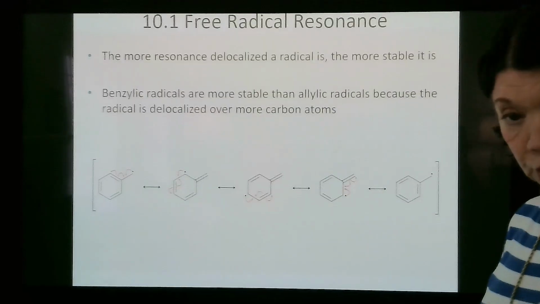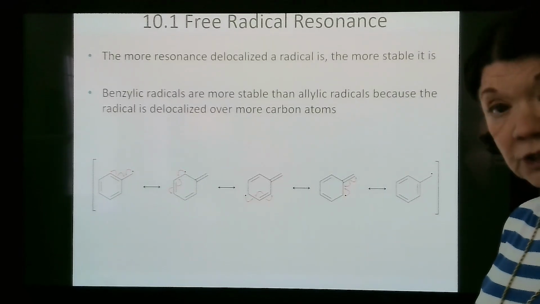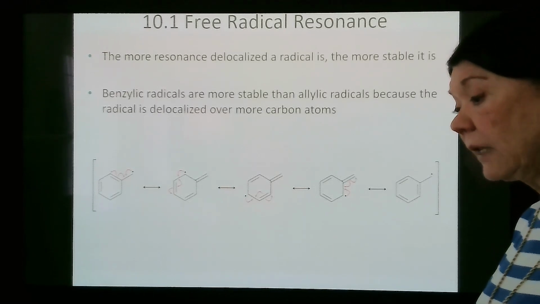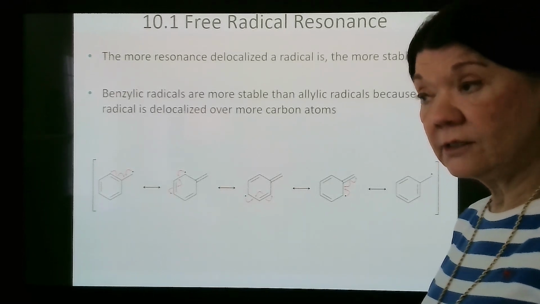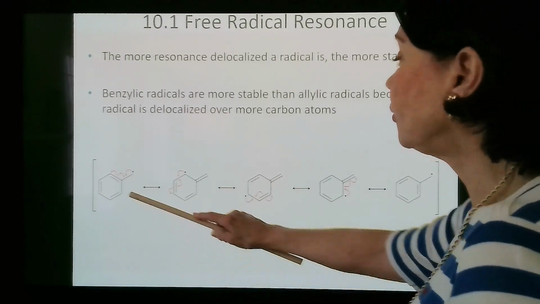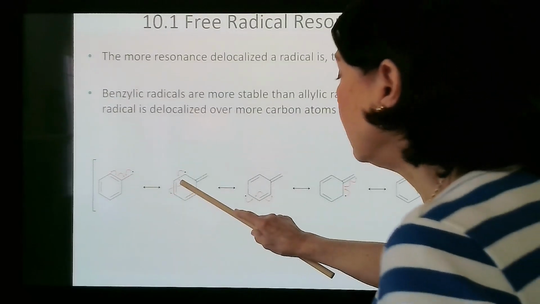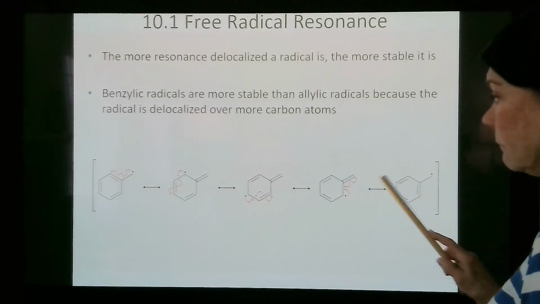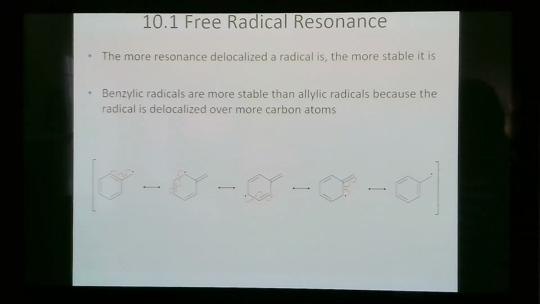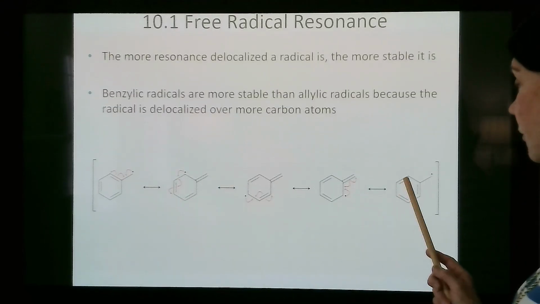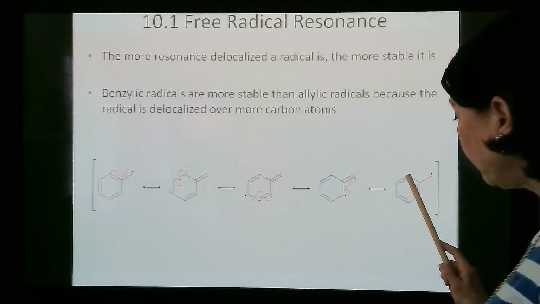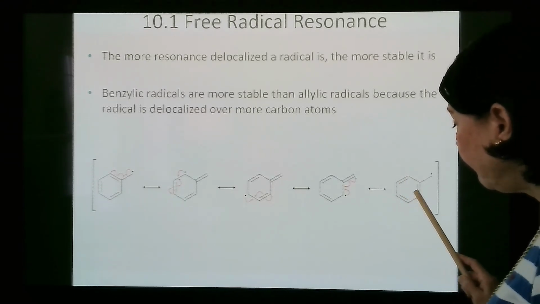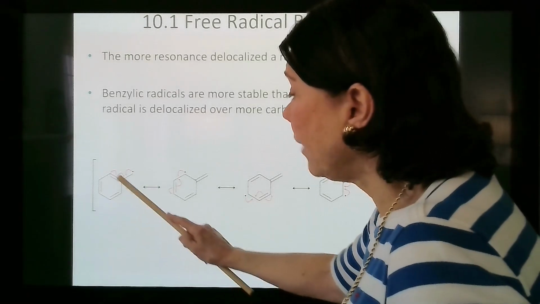And so, just like with carbocations, the more resonance structures you have, the more the unpaired electron density will be spread out. And so here we've drawn 1, 2, 3, 4 different resonance structures, because, well, no, I guess this one is different because here the pi bonds have moved around in the benzene ring.